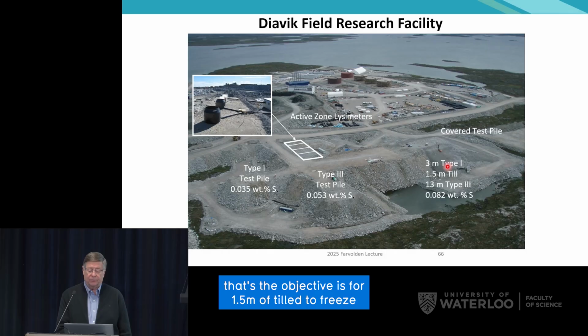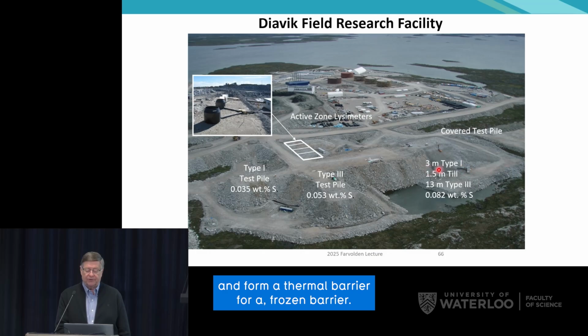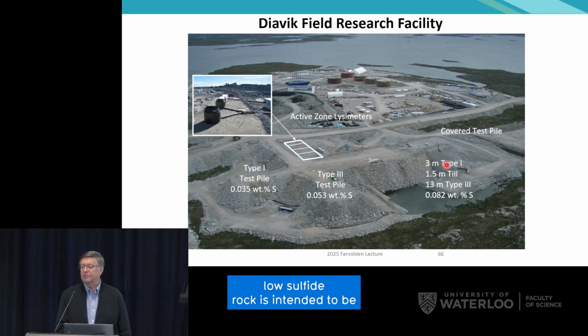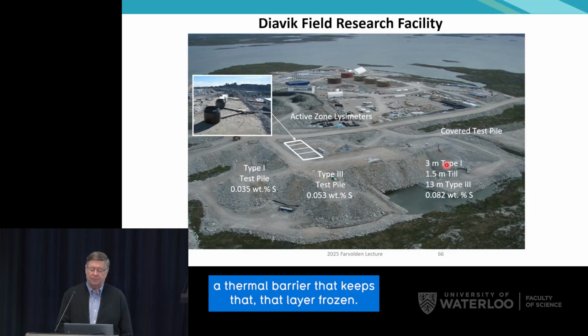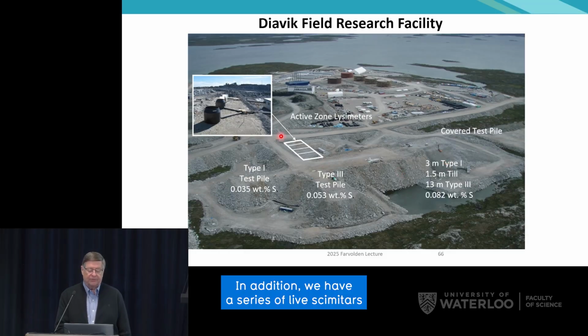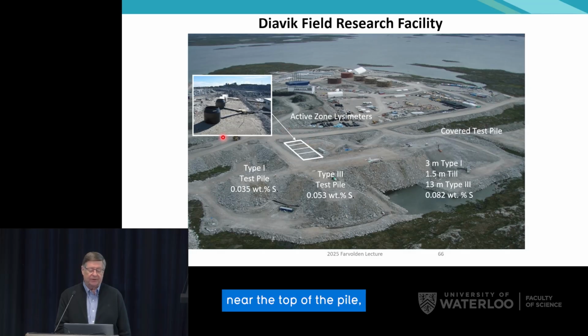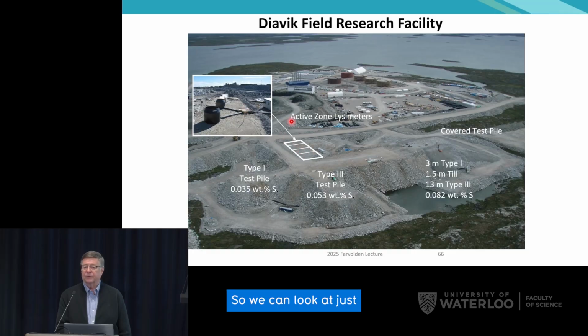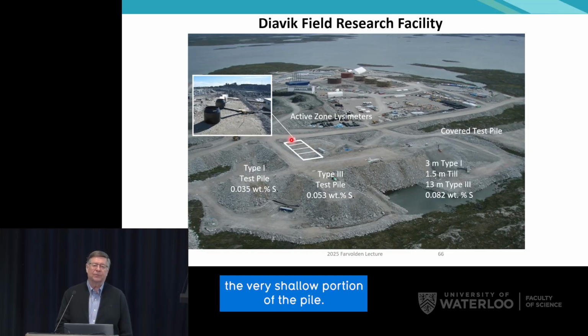So the objective is for the 1.5 meters of till to freeze and form a frozen barrier, and then the 3 meters of low sulfide rock is intended to be a thermal barrier that keeps that layer frozen. In addition, we have a series of lysimeters near the top of the pile, which go down to about 2 meters deep and are built within a platform that's here, so we can look at just the very shallow portion of the pile.